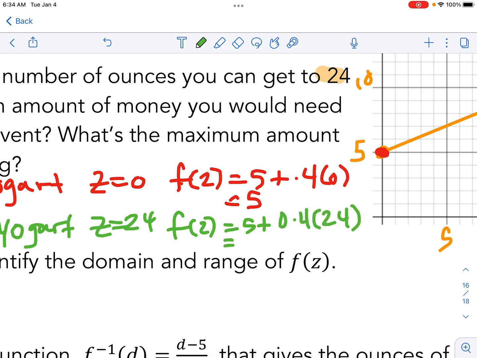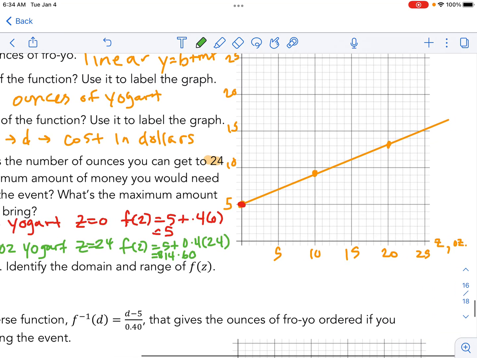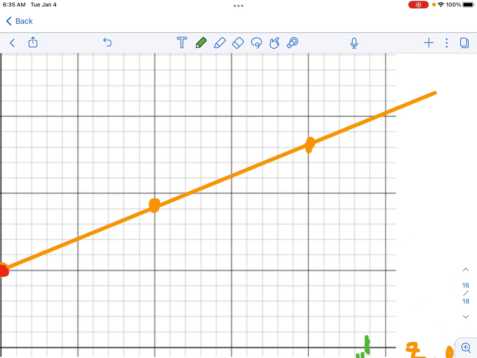And that is $14.60. So our maximum is 24 ounces, which is right here. That's 24 ounces, and it's going to be $14.60, which must be that point right there. So this is 24 and 14.60.